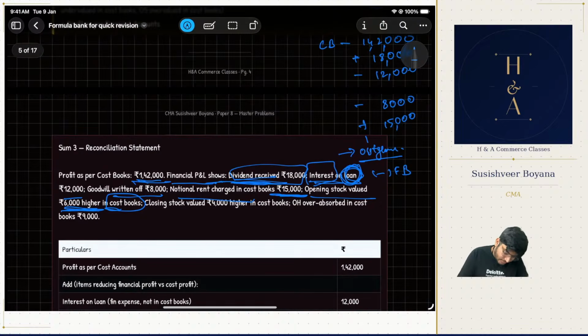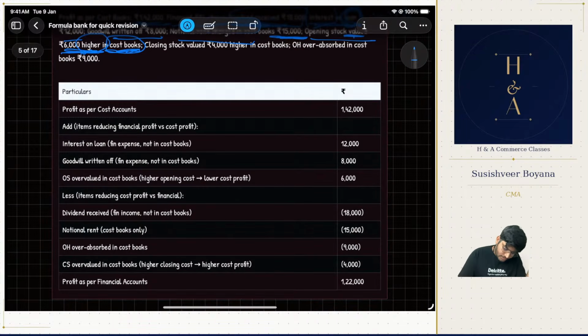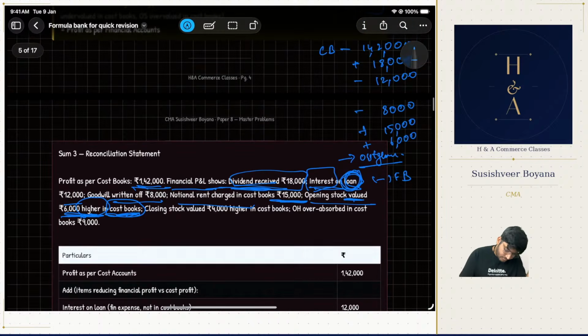Sorry, we have to add 6,000. Higher means overvalued in cost books. I'm confused for a bit. Closing stock valued 4,000 higher in cost books. Again, subtract 4,000.